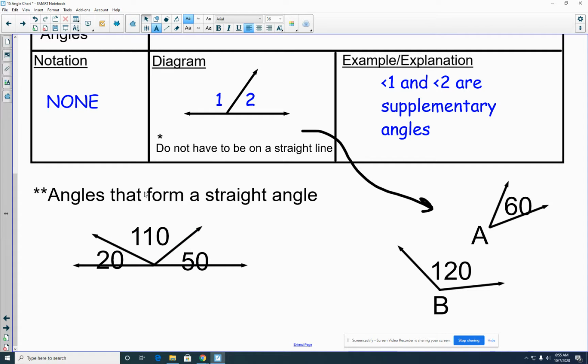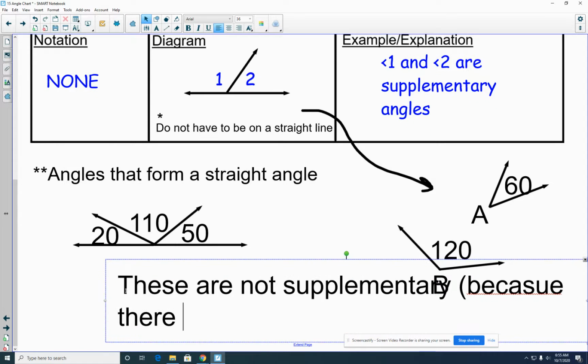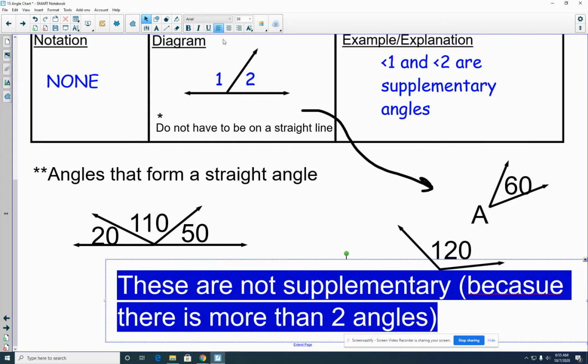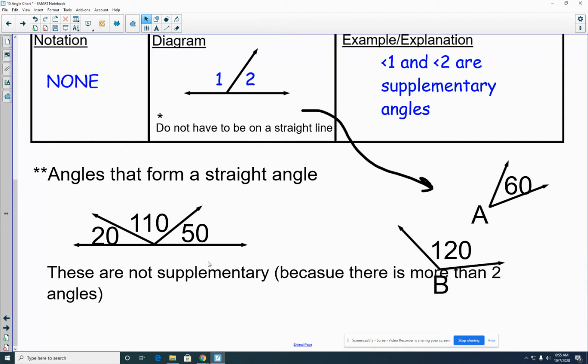These three angles form a straight angle, and they still add to 180. So these angles are not supplementary, because there are more than two angles. However, those angles still form a straight angle.